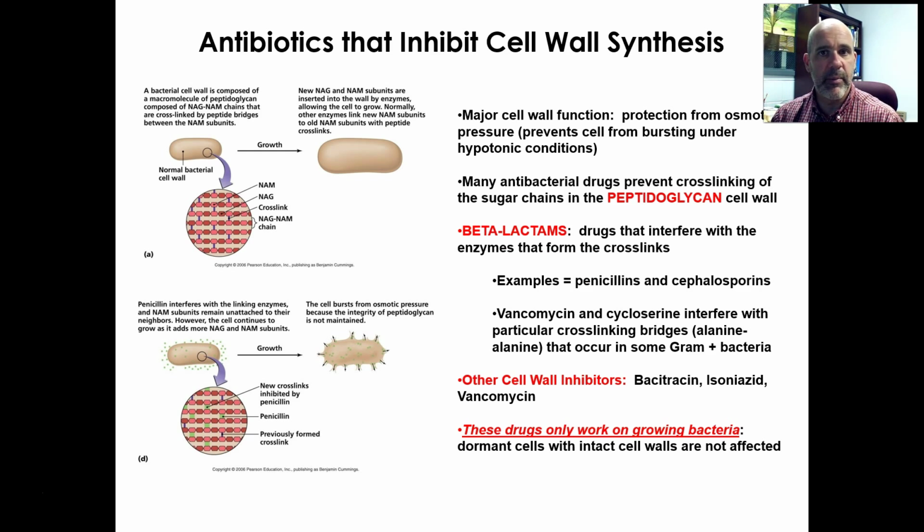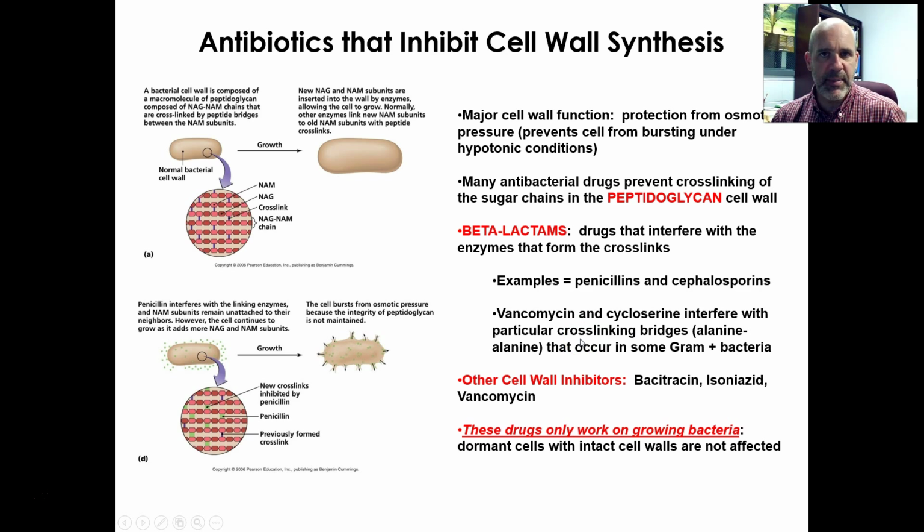Remember, we talked about enzyme inhibitors back in Chapter 7. Penicillin, cephalosporin, maybe you've heard of that before. And this says penicillins and cephalosporins because there are different versions of those chemical drugs. Vancomycin, maybe you've heard of that one before. That also interferes with some types of cross-linking bridges.